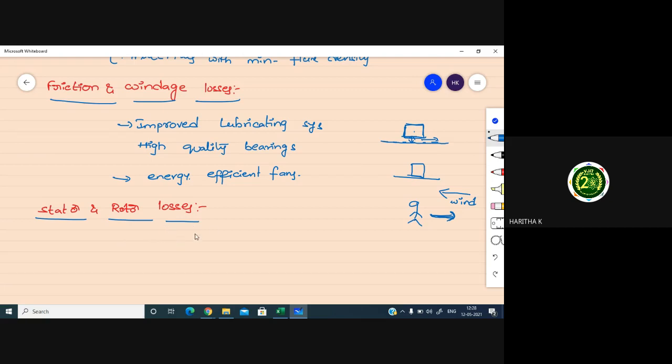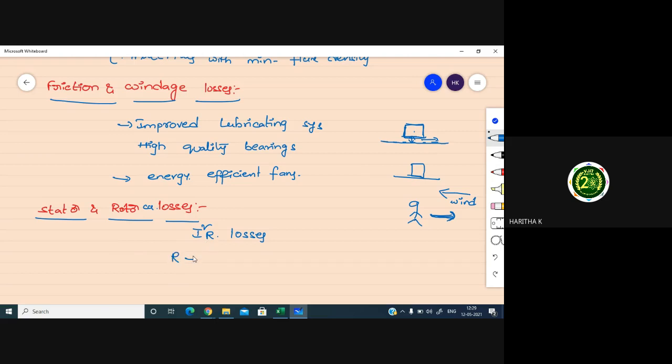So these losses are also called I square R losses. Square of the current multiplied with resistance, I square R loss. Stator and rotor copper losses are also called I square R losses. See here, this is the resistance and this is the current.